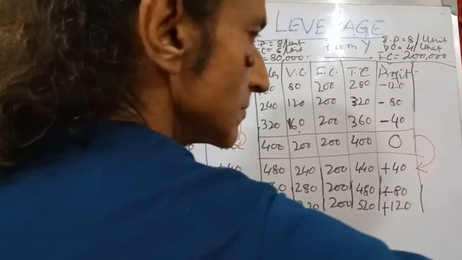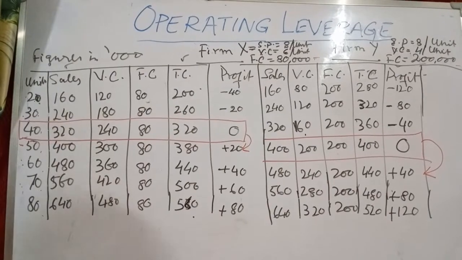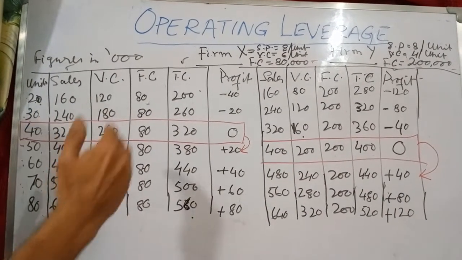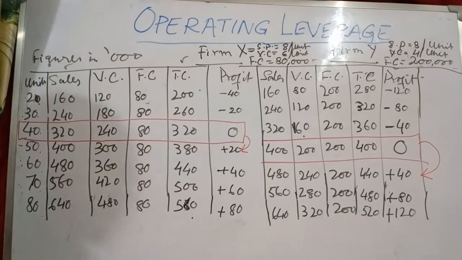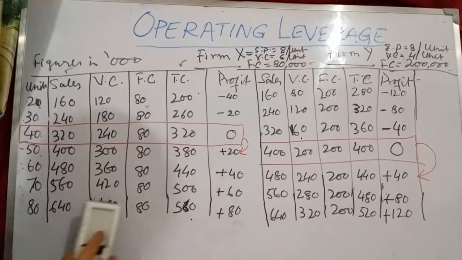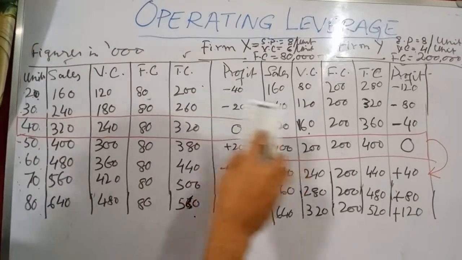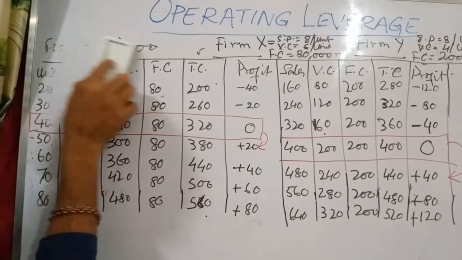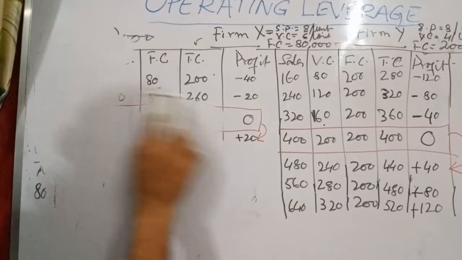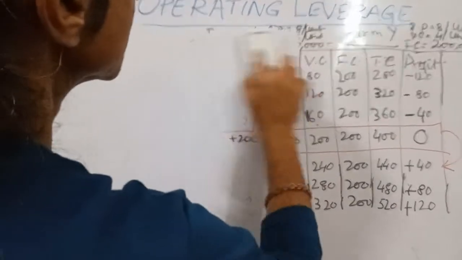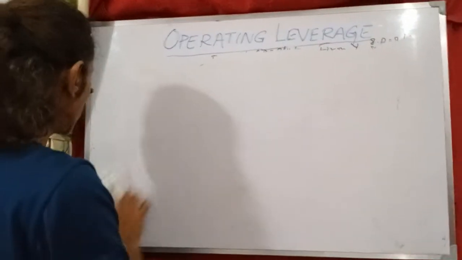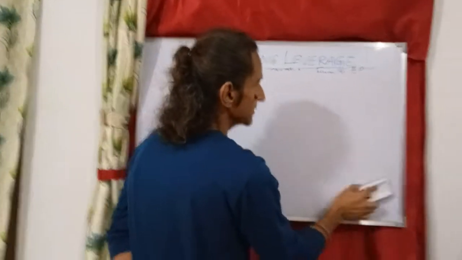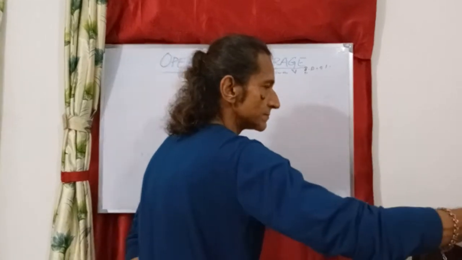Now, if we draw diagrams for these two firms, let us see what becomes the diagrammatic representation. So I am erasing this part. Also, I am not going to draw the diagram up to the scale. But the idea of drawing the graph is to convey the theme of the whole thing.